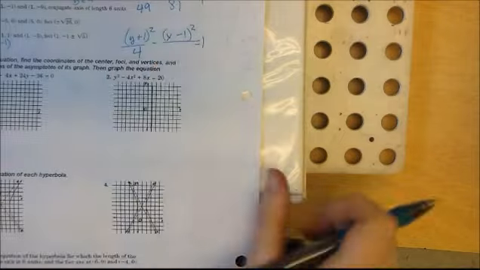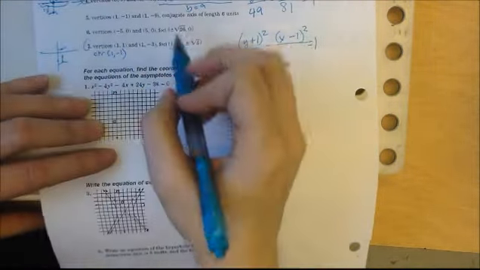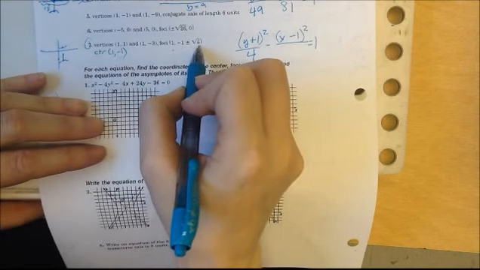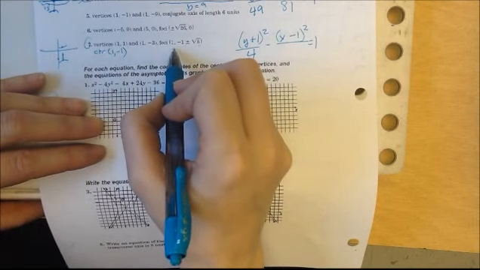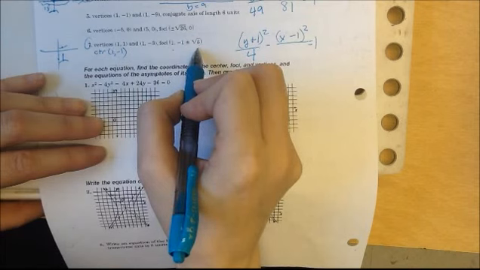Now I'm going to need to find b squared. It doesn't give me b, and it doesn't tell me anything about the conjugate axis, but it does tell me something about the foci. The foci are at (1, negative 1) plus or minus square root of 5.